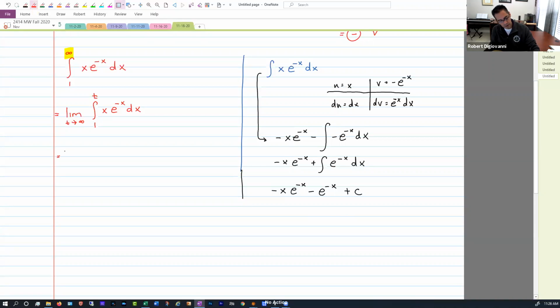So now I'm ready to come back over here. I'm going to say limit as t goes to infinity. And now the antiderivative, negative x e^(-x) minus e^(-x), and I want to evaluate that at 1 and t. I'm going to plug in t and then subtract what I get when I plug in 1. And just remember the limit's going to be sitting out here.